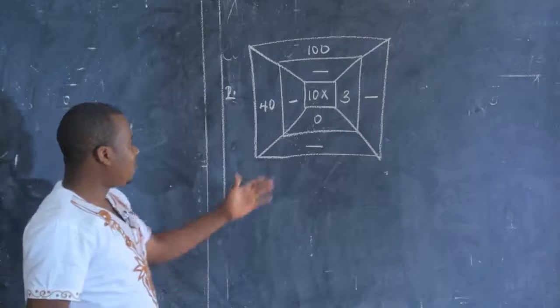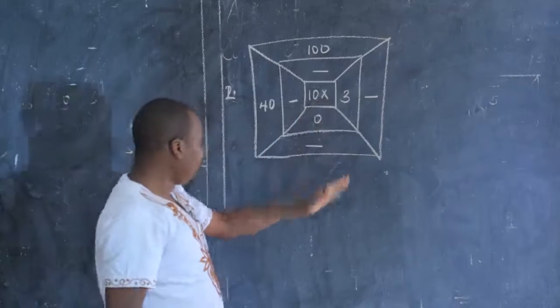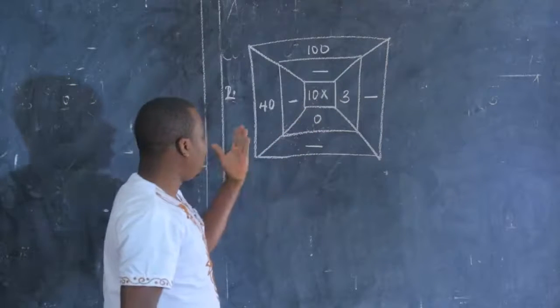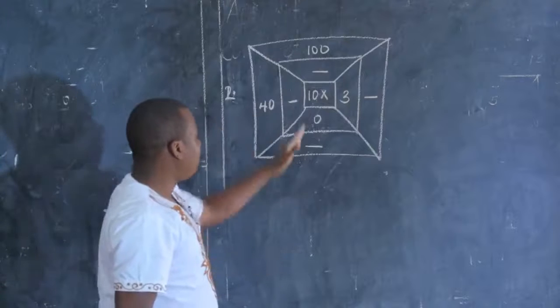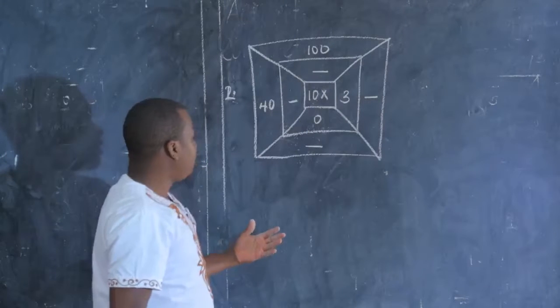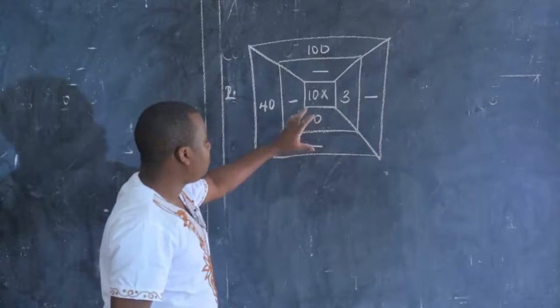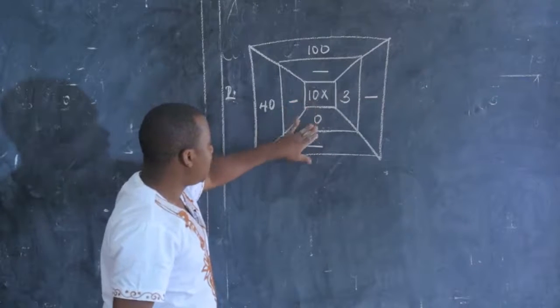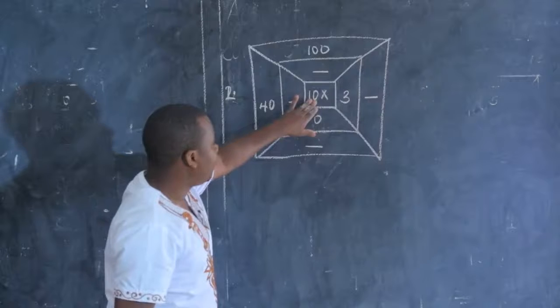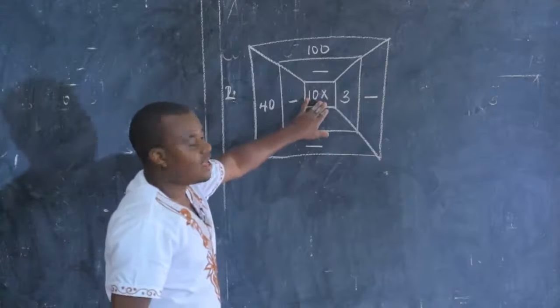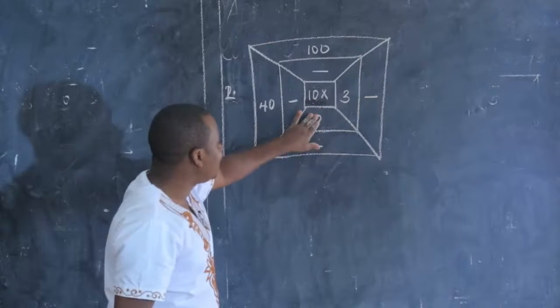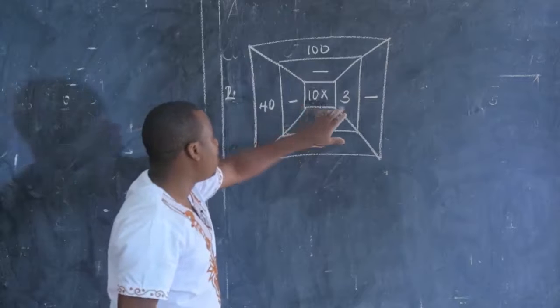Our puzzle is having 10 at the center. So we are going to work it out and see. I'm beginning from down. So down, what do I have? Remember we said when the dash is far from the center, we multiply. And when it is near the center, we divide.